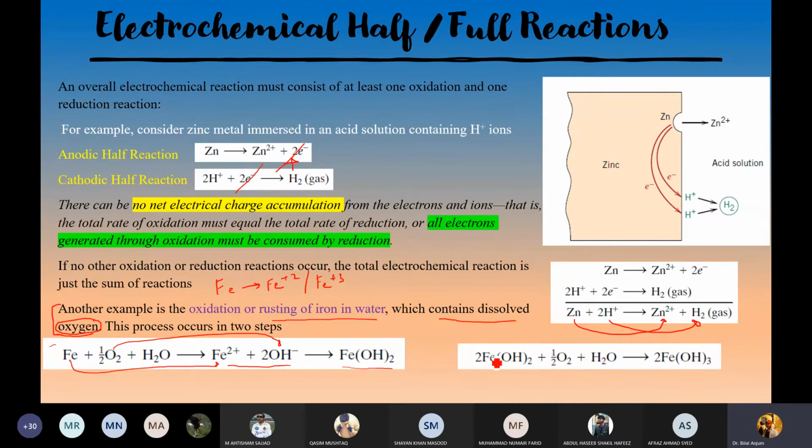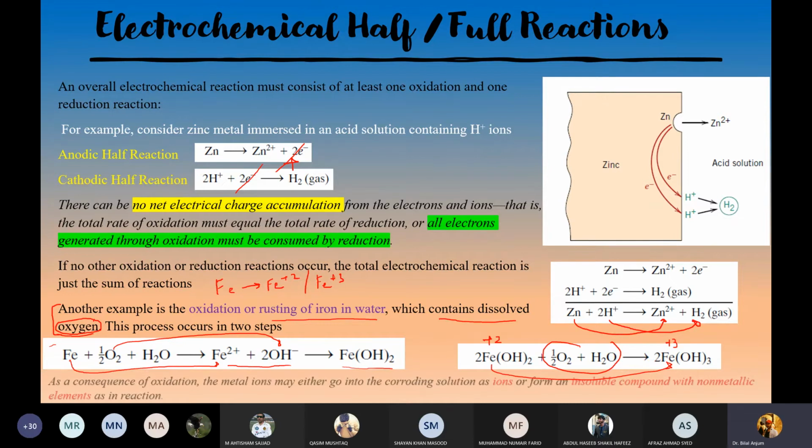Further reduction of oxygen results in the formation of Fe3+ from Fe2+, and this Fe3+ is basically an insoluble compound formed with non-metallic elements, and this is the reddish brown rust that you see on your everyday steels. All right, Fe(OH)3.